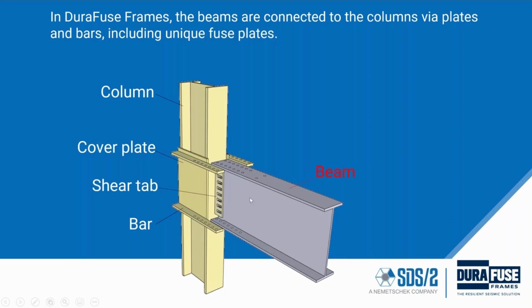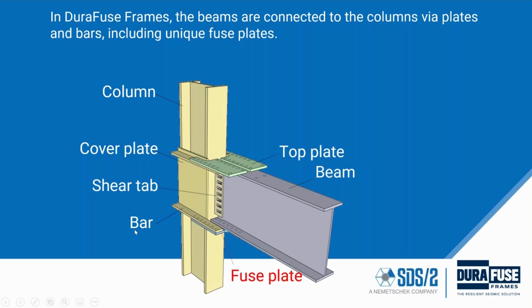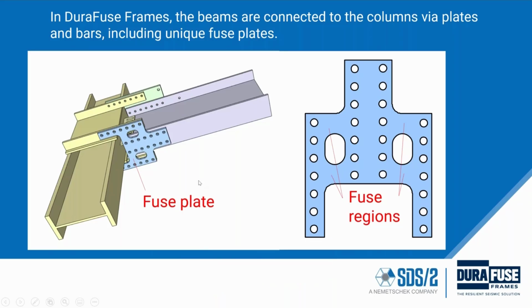The fabrication on the beam is fairly straightforward. It's just bolt holes in the top and bottom flanges and in the web. And the connection is made with these plates that we call the top plates and the fuse plate here at the bottom. The fuse plate has an interesting geometry, and this geometry is specifically dictated in the connection design schedules.